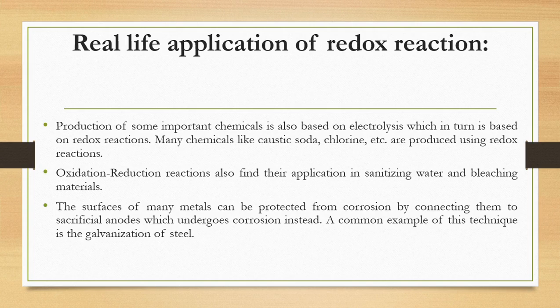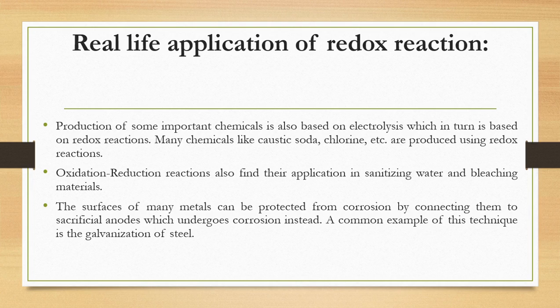Real life applications of redox reactions. Production of some important chemicals is also based on electrolysis, which in turn is based on redox reactions. Many chemicals like caustic soda, chlorine, etc. are produced using redox reactions.